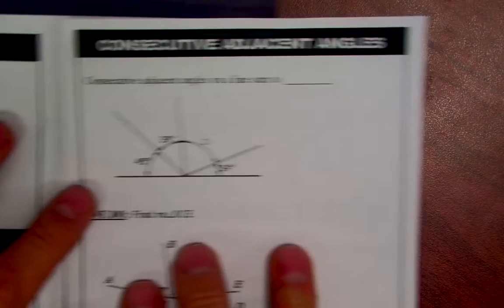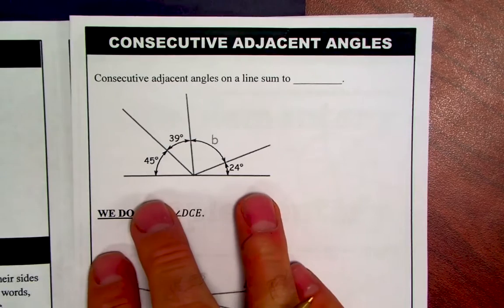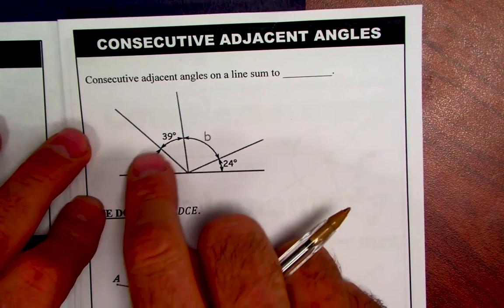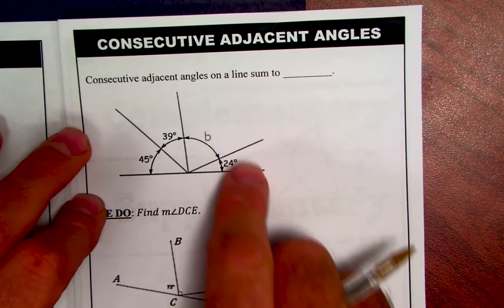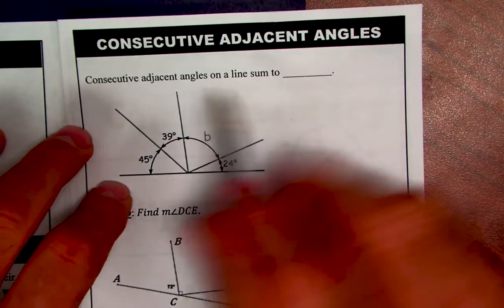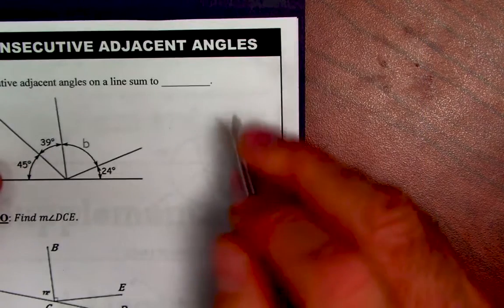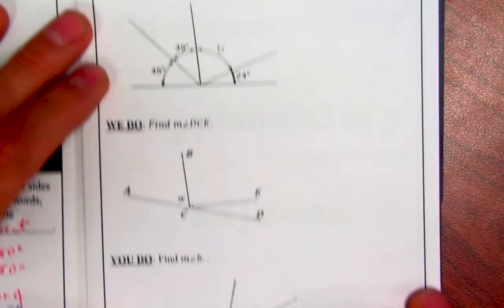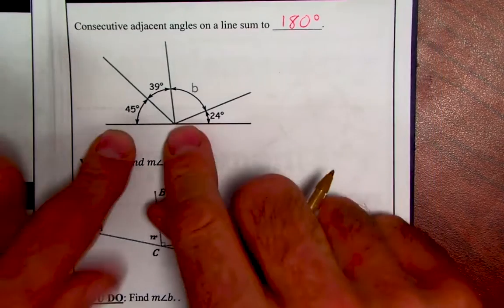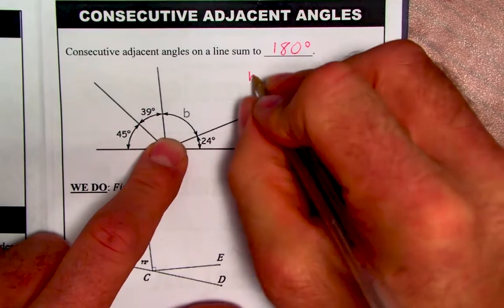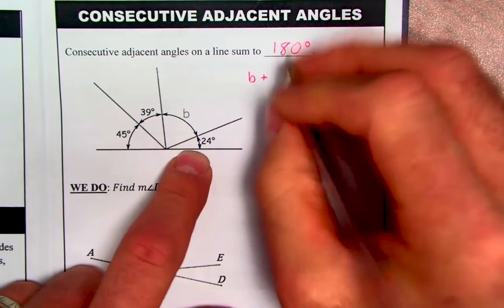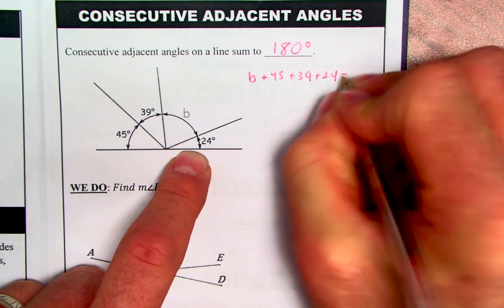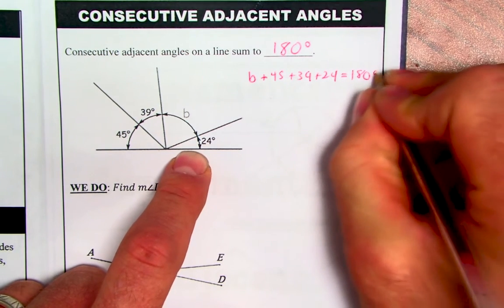Here's another big idea based on that whole straight angle. If that straight angle is broken up into many parts, all those parts add to 180. So consecutive adjacent angles on a line sum to 180 degrees. On this one, we can say that B plus these remaining three angles, 45 plus 39 plus 24, all those parts add up to our whole that we know is 180.